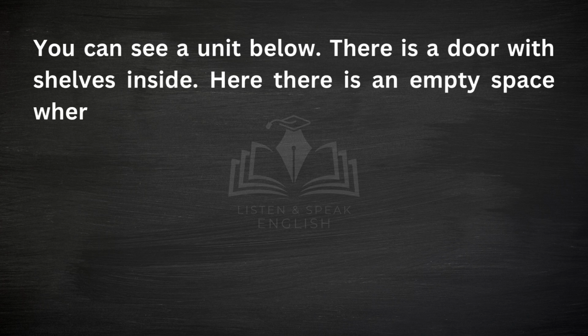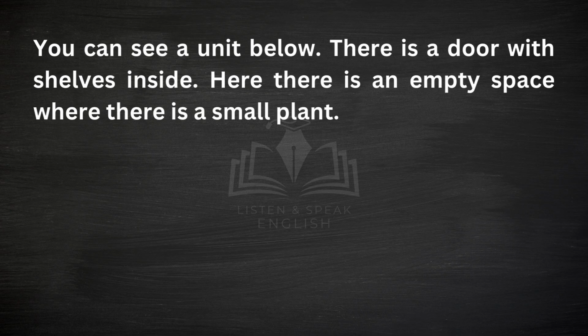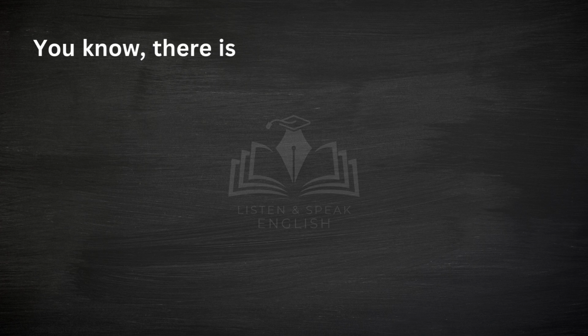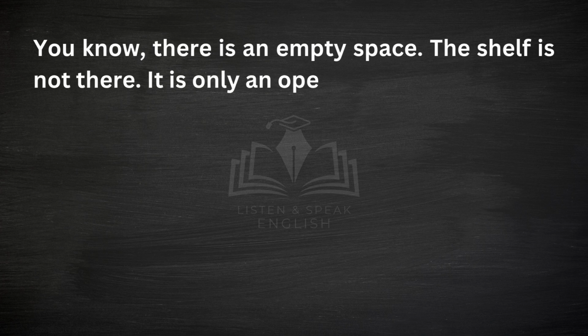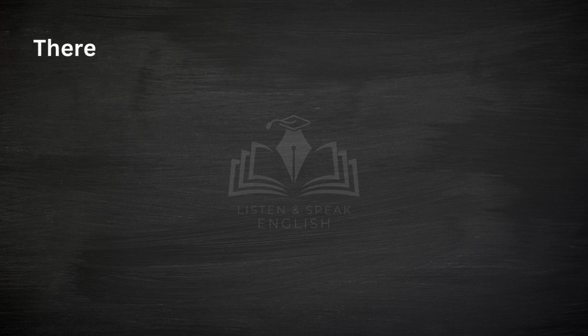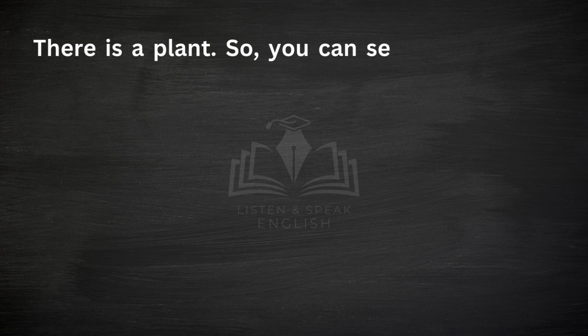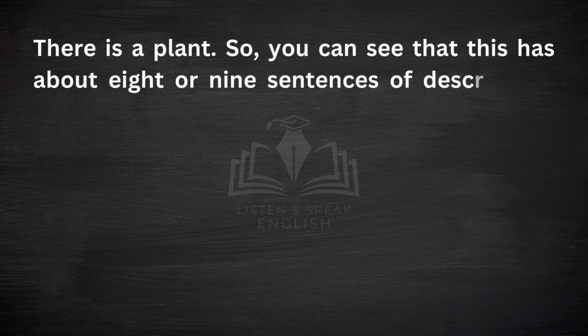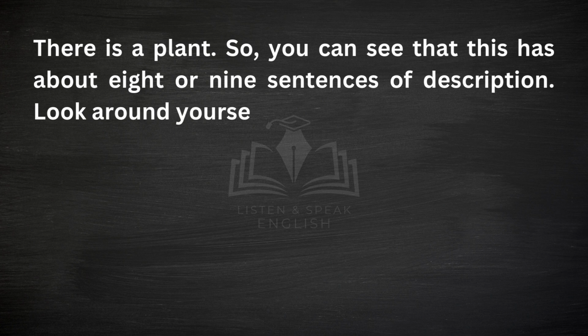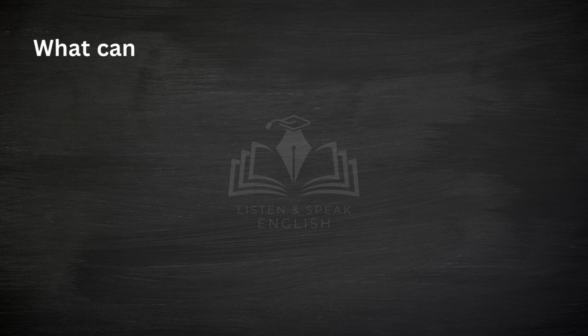Here there is an empty space where there is a small plant. The shelf is not there. It is only an open space. There is a plant. So you can see that this has about 8 or 9 sentences of description. Look around yourself. What can you see?